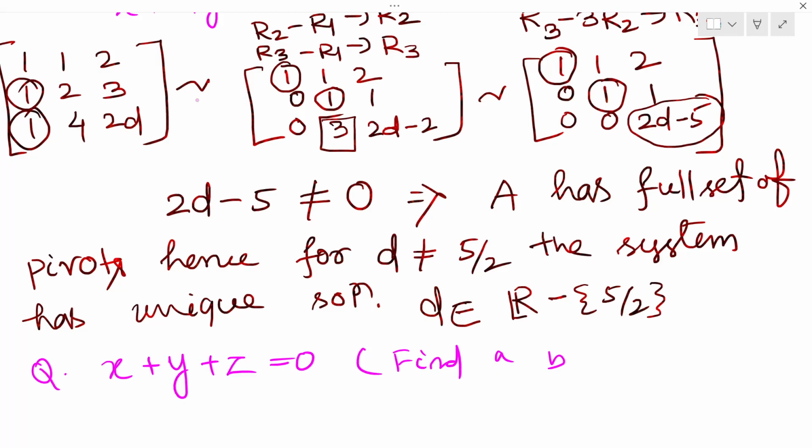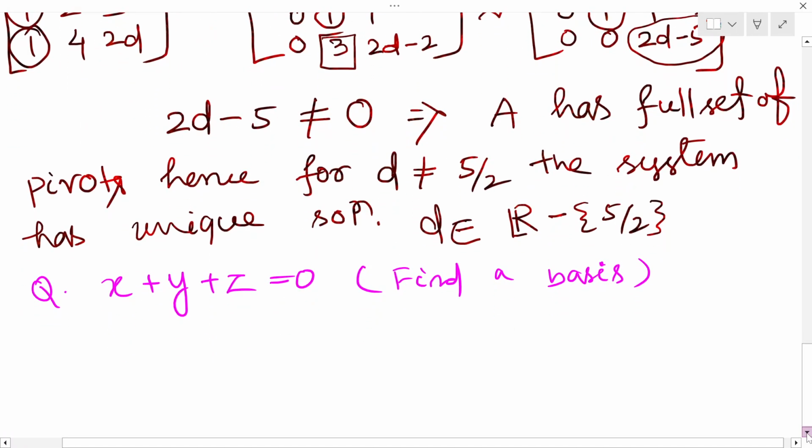Of course, because three variables are there, it is in R cube. Then find a basis for the intersection of that plane with the YZ plane. First of all, we will find its basis.